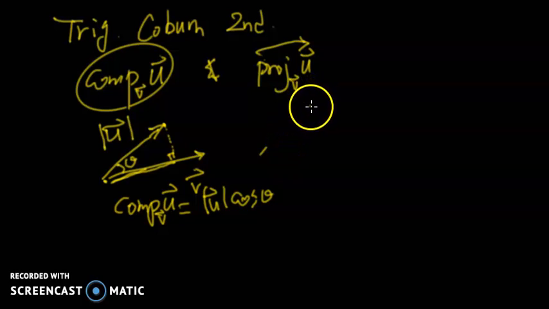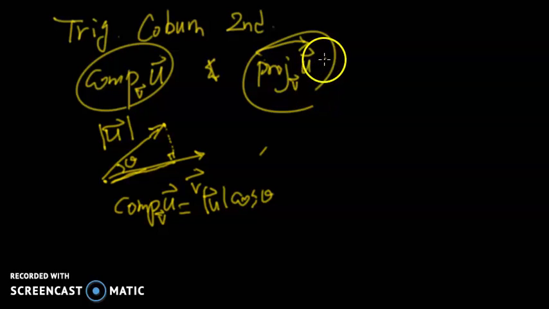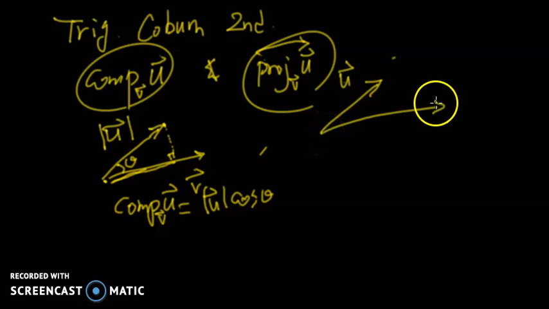How about projection of U vector along V vector? This is vector quantity. What is that? That is U vector, again V vector. So from U vector terminal point drop down perpendicularly to the V vector. So angle theta between two vectors.